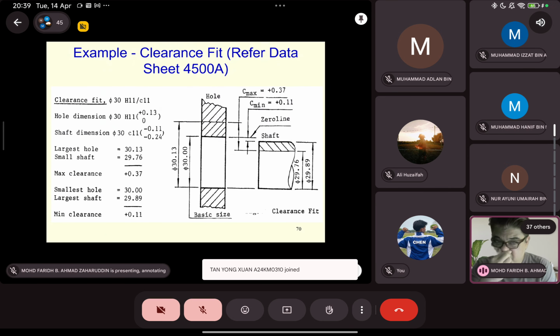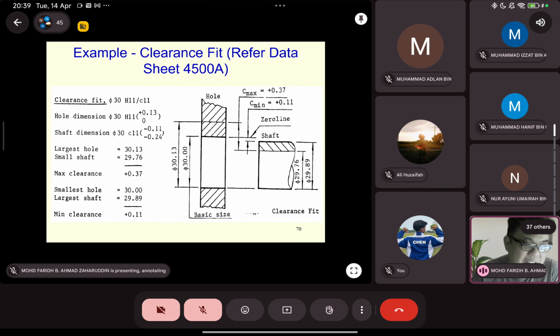And there are three types of feeds involved in this, which is known as a clearance feed, we have the transition feed, and as well the interference feed, iaitu padanan kelegaan, kita ada padanan peralihan, and as well we have this padanan gangguan.